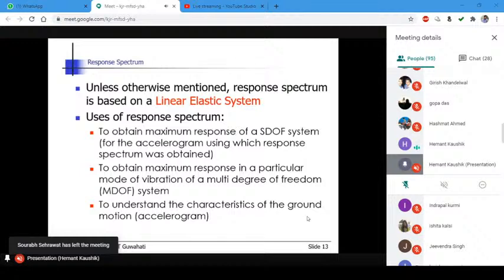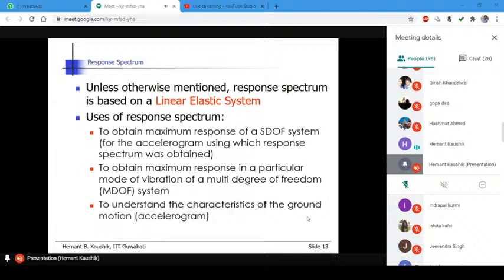What are the uses of the response spectrum? Obviously, the first use is to obtain the maximum response of a single degree of freedom system. Now we already know that the y-axis represents a maximum response, right? So if you have a system, you can calculate the natural period. Immediately you can calculate the maximum acceleration, velocity or displacement for this structure.